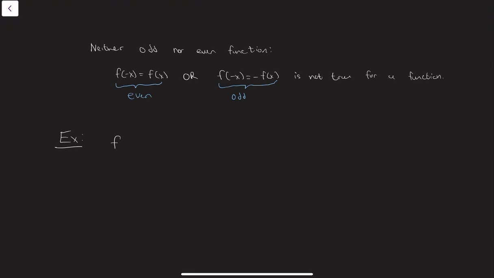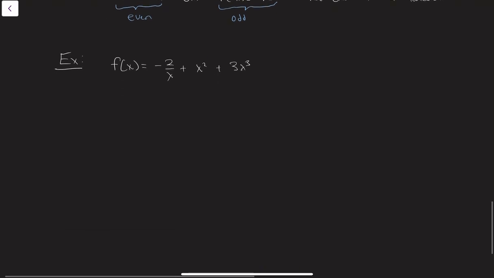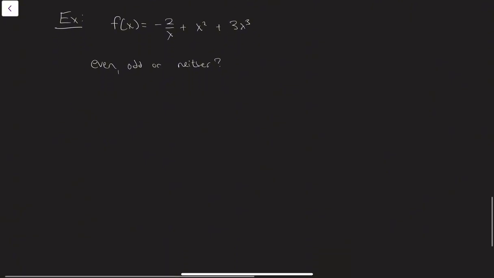So say f of x is equal to negative 2 over x plus x squared plus 3x cubed. Let's see if this is even, odd, or neither. So let's check case by case, even first.